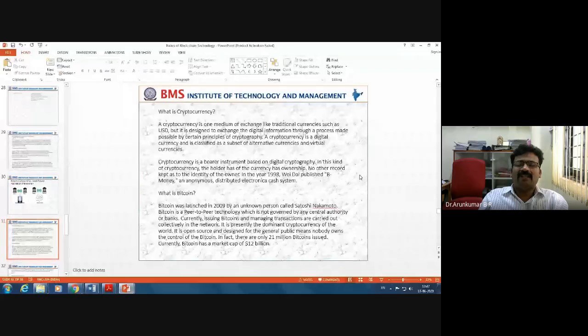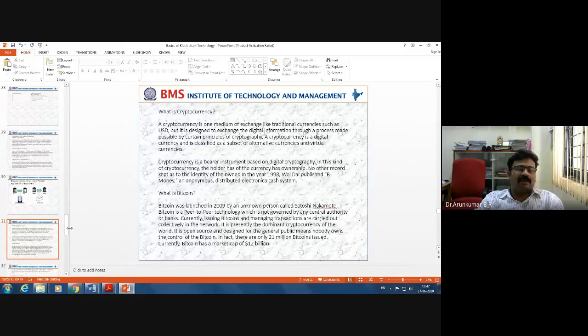Issuing Bitcoins and managing transactions are carried out collectively in a network. It is presently the dominant cryptocurrency of the world. It is open source and designed for the general public, which means nobody owns the control of Bitcoin. In fact, there are only 21 million Bitcoins issued. Bitcoin has a market capital of $12 billion.